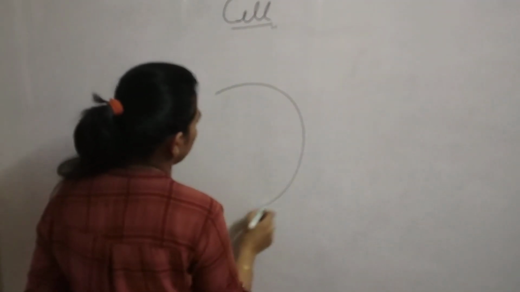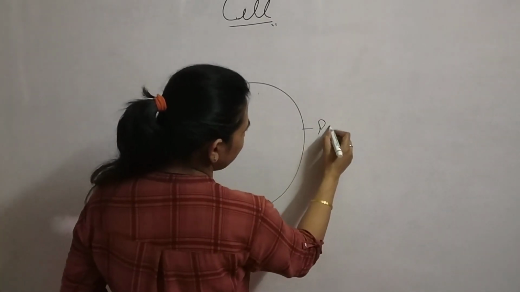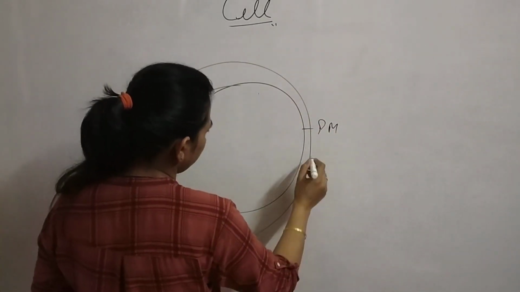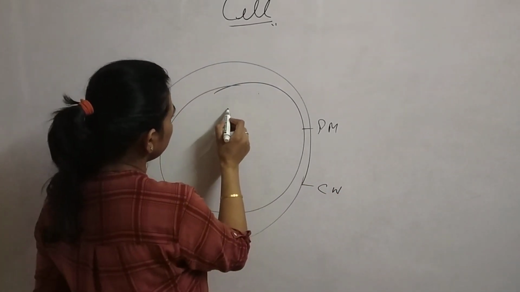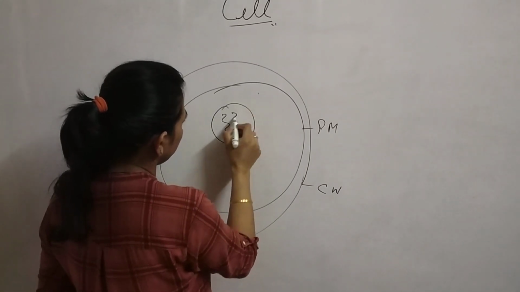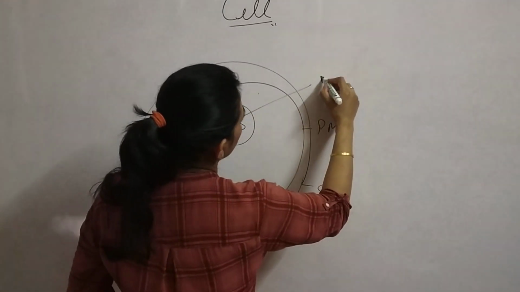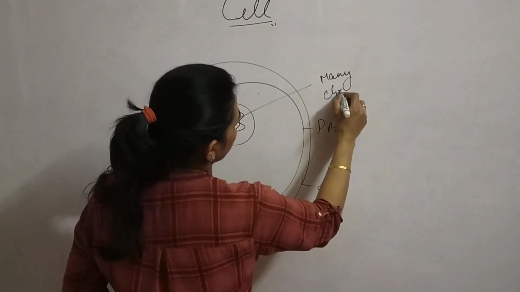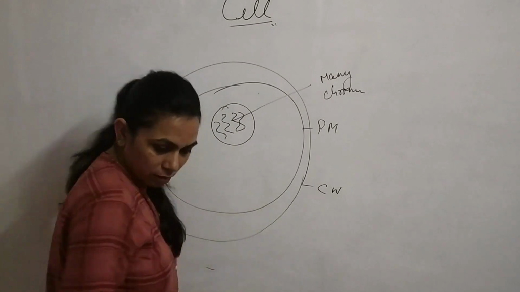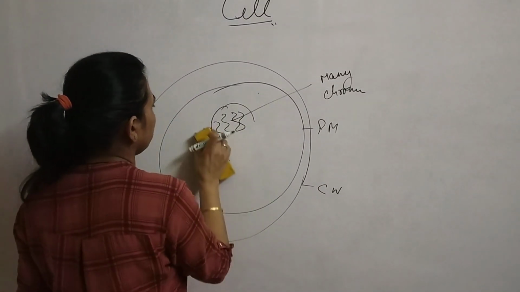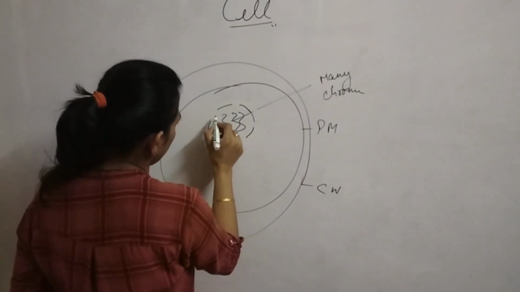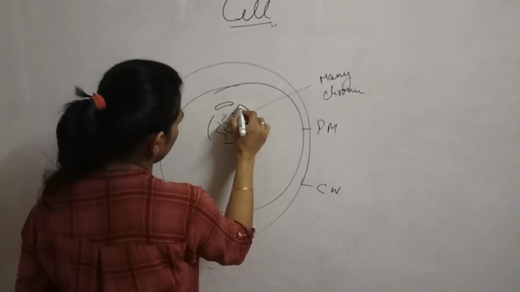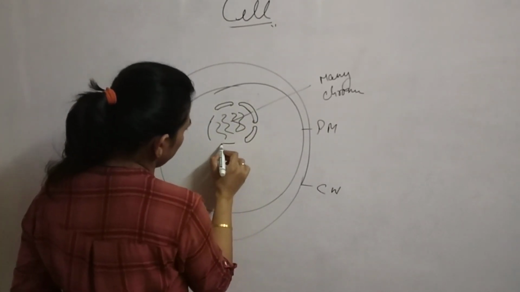While in eukaryote, plasma membrane is present. In some cases, like in fungi and plants, cell wall is present, and many chromosomes are present. And this is the nuclear envelope, a double membrane structure.